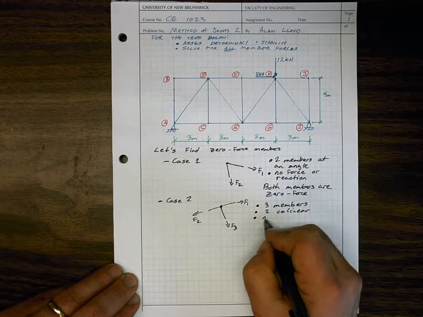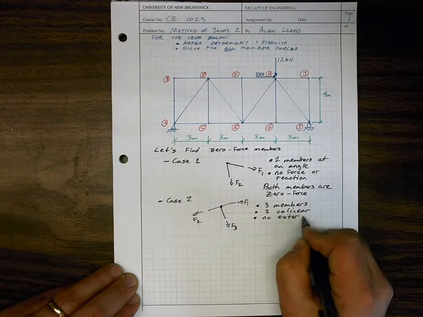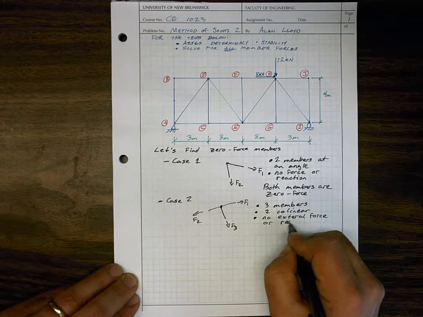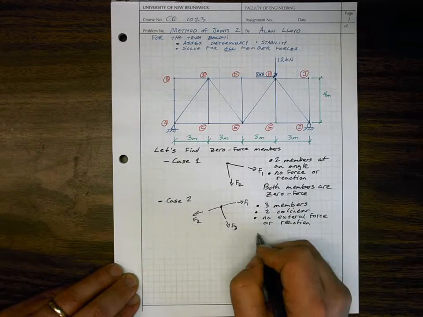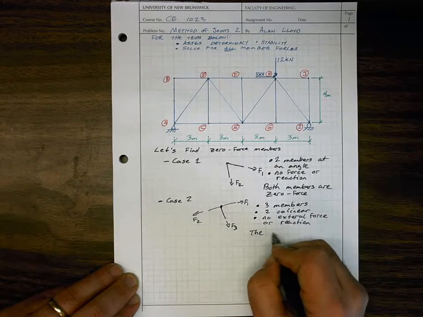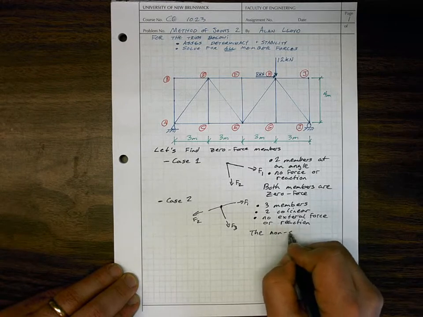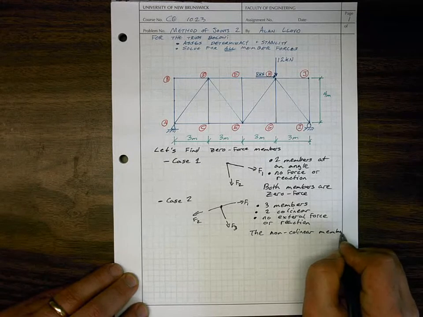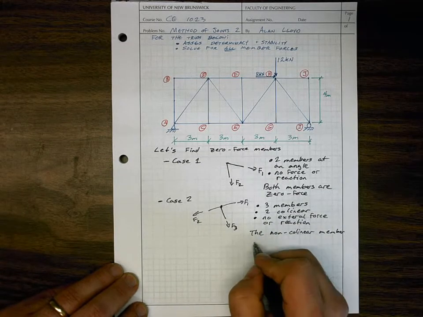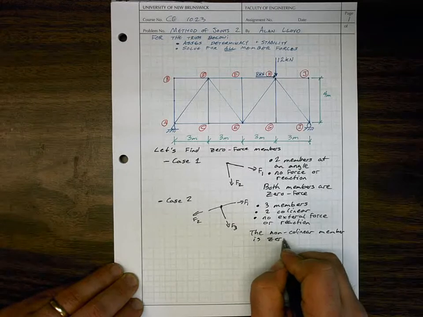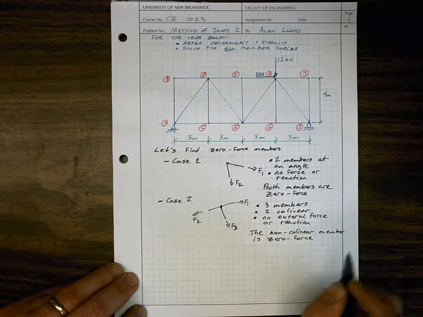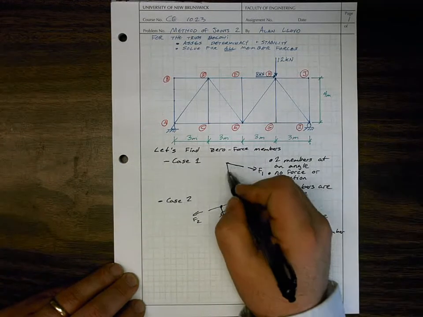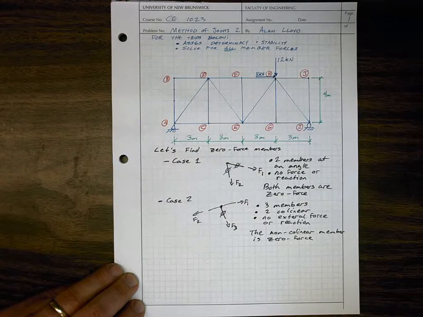And no external force or reaction. If that was the case, we could say that the non-collinear member is zero force. So in this example, we could go through and say that this is a zero force member and both of these are zero force members.